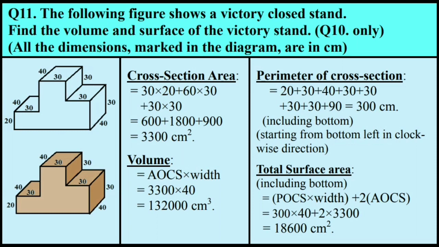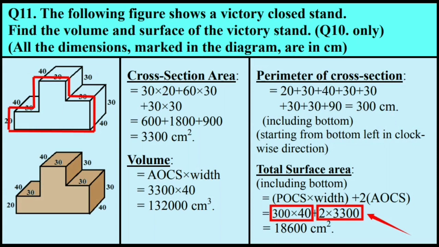So here the perimeter of cross section and the total surface area will change because the bottom is closed. So the bottom surface area will also be included in the total surface area. After adding all these lengths, I find the perimeter of cross section 300 centimeter including bottom.